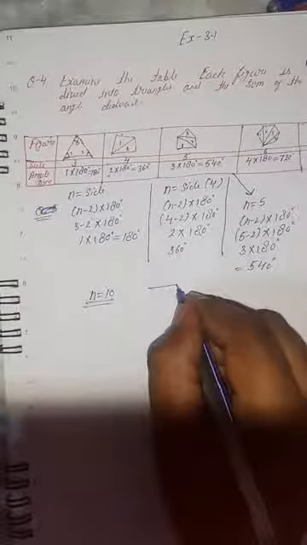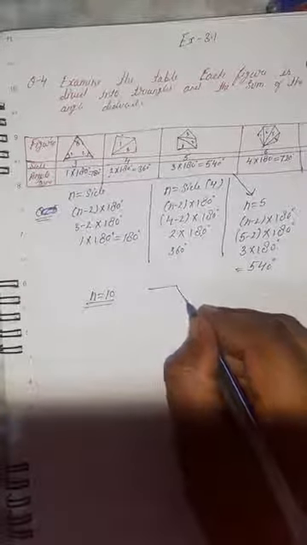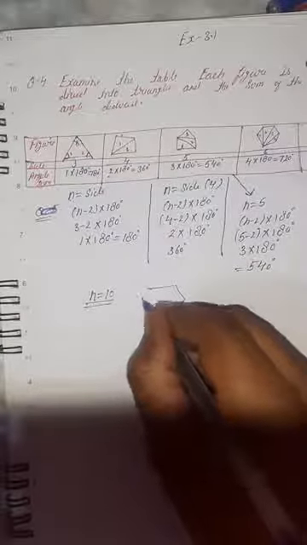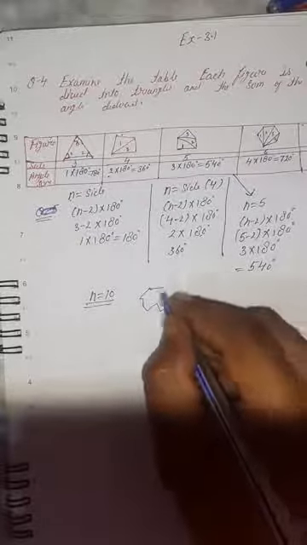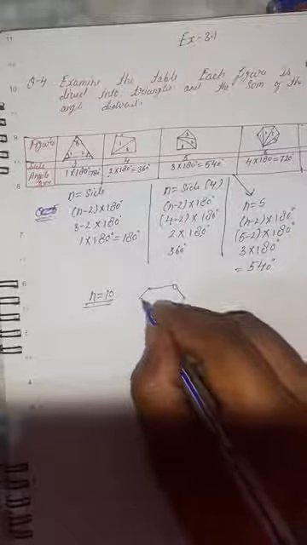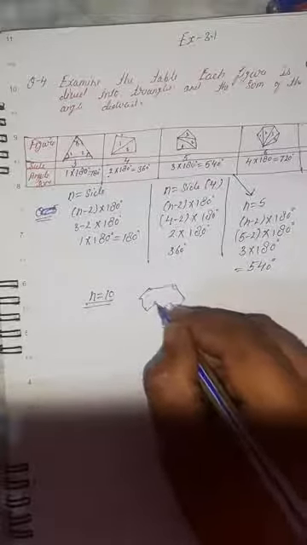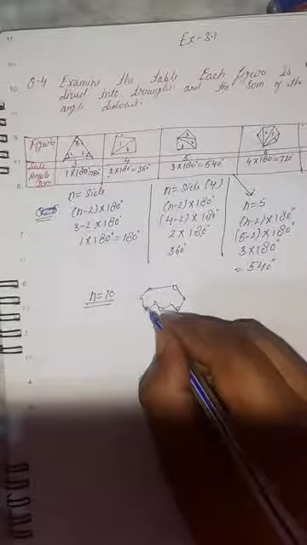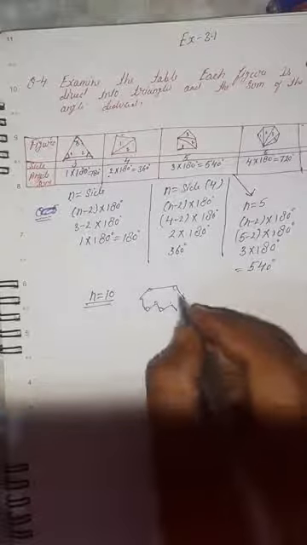Suppose this is a figure like this: first side, second, third, fourth, fifth, sixth, 7, 8, 9 and 10. The sum of all these angles, angle first, second, third, fourth, fifth, sixth, 7, 8, 9 and angle 10. So what is the angle sum of this figure?